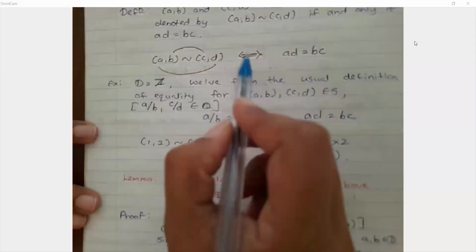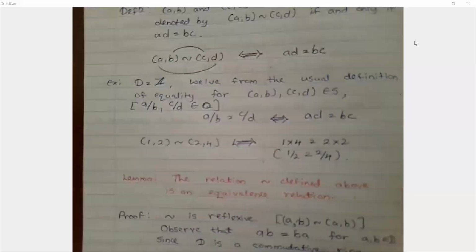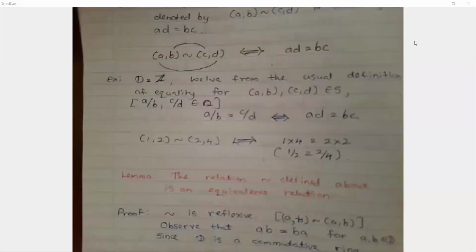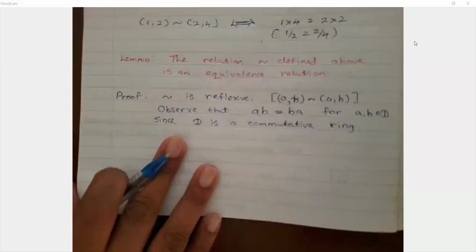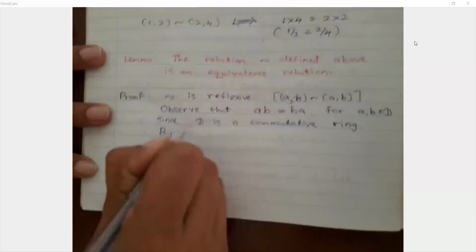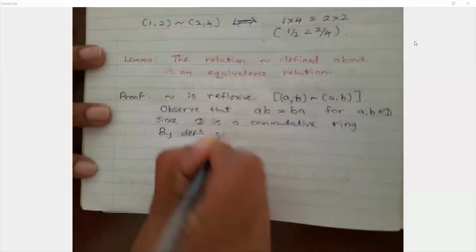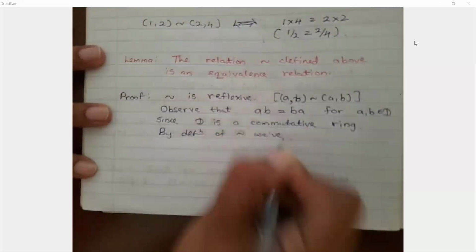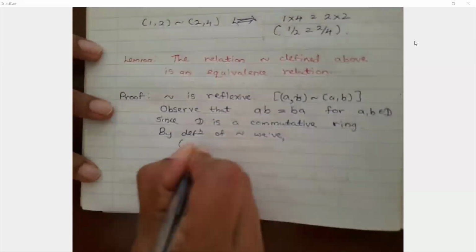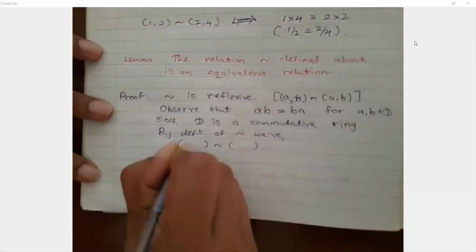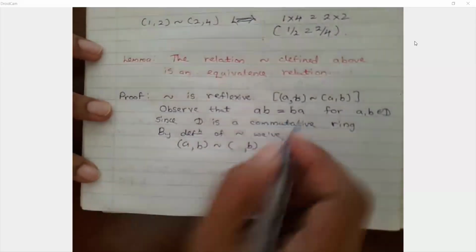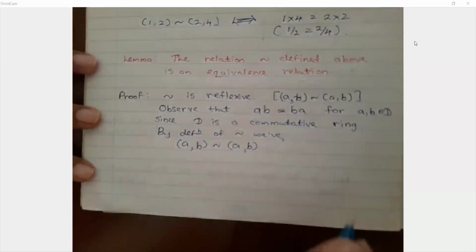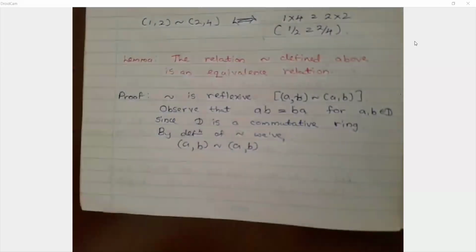Because we have AB equal to BA, that means (A, B) is equivalent to (A, B), by definition of tilde. Therefore, tilde is reflexive.